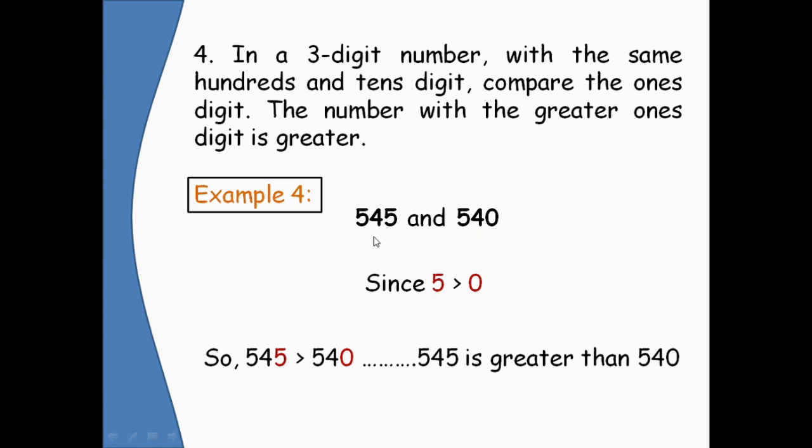So here we can see that the hundreds place digit and the tens place digit are the same in both the numbers. So we have to compare the ones place digit. Since 5 is greater than 0, the number 545 is greater than 540.